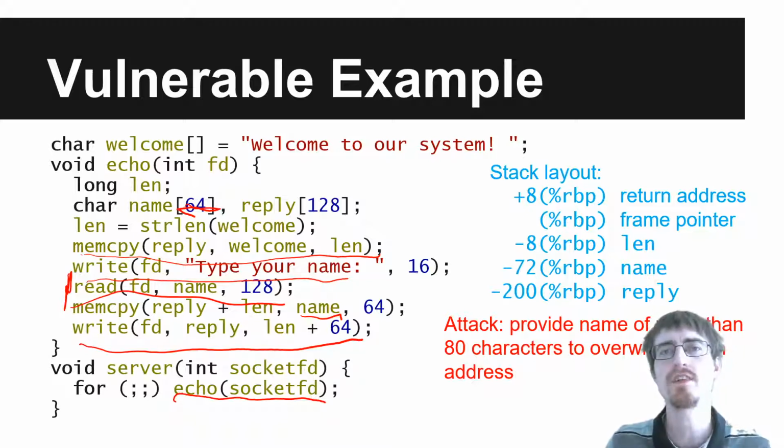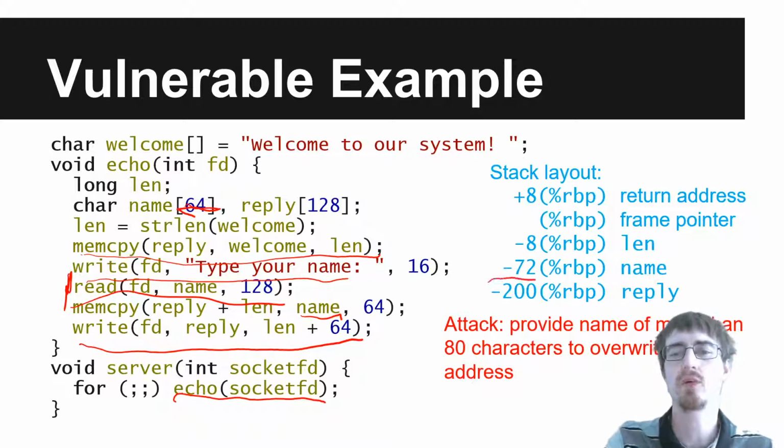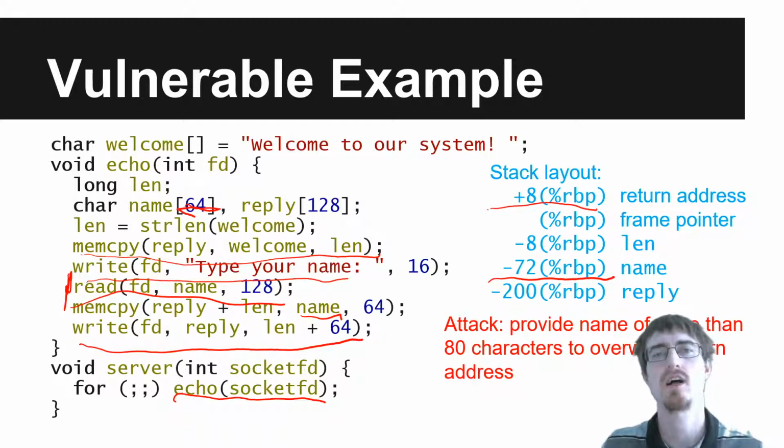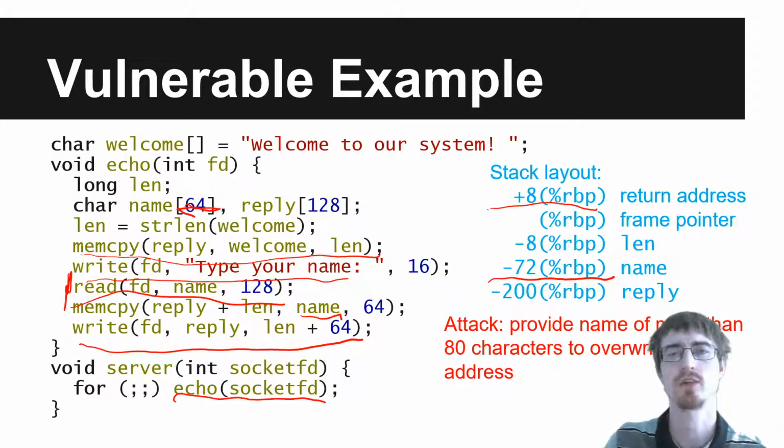Going over the end of the name, however, is not enough to perform a full exploitation where we execute a shell. The name is stored at RBP minus 72, and the return address is stored at RBP plus 8. So first we need to write 80 characters to get to the return address, and only afterwards can we actually overwrite the return address itself.